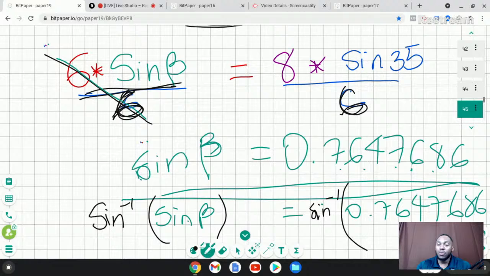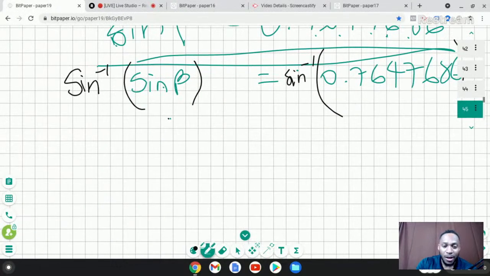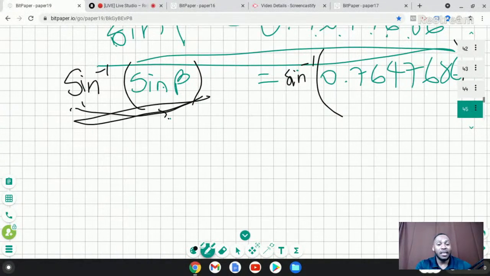So when you're dealing with math, whatever you do to one side of the equation, you have to do the exact same thing on the other side to keep the equality. And that's what we're going to do here. To keep the equality, I'm going to take the inverse sine of both sides. So this is kind of like taking the sine and then the inverse sine. In this case, you would be left with beta.